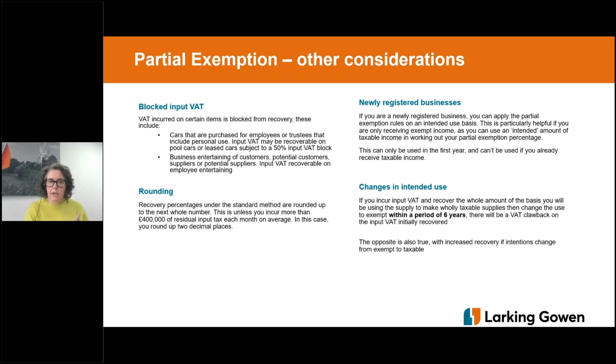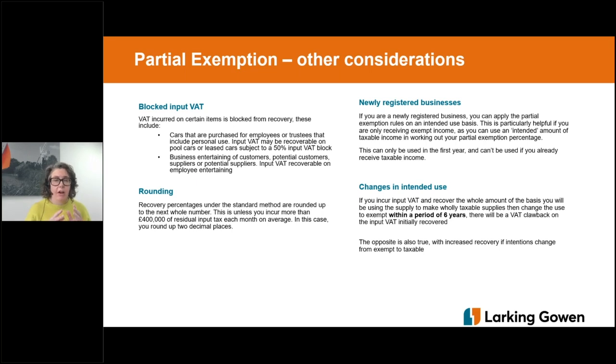We said earlier on that when you're doing your standard method income-based calculations for partial exemption recovery of your residual costs, you round up to the next whole number. Now, I should have said there is a caveat to that. You aren't able to use that rounding up to the next whole number provision if you have incurred more than £400,000 of residual, so mixed use, input VAT in a month on average.